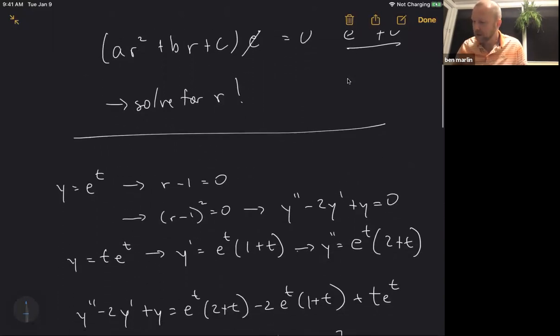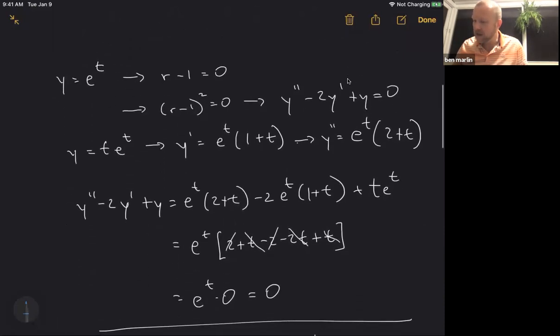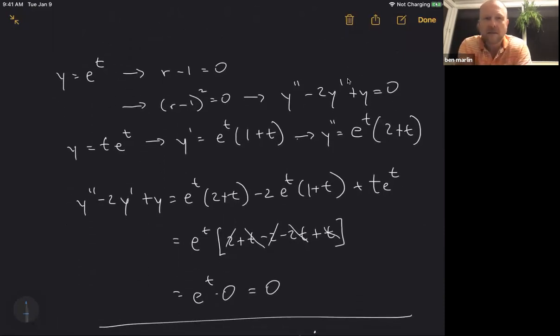So, all right, as you'll see in the theorems that you're dealing with, we also have to think a little bit about what happens with repeated roots. If we've got a root like r equals 1, it's associated with an e to the t.